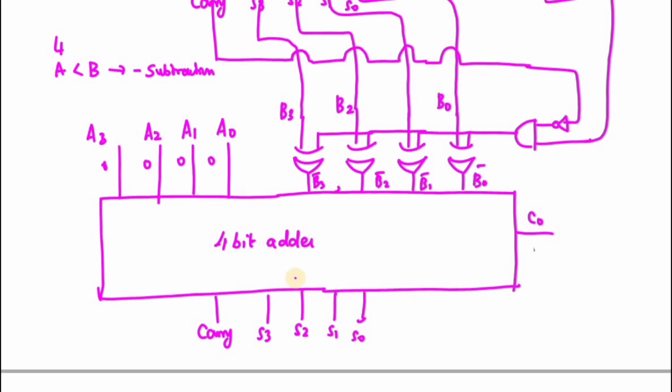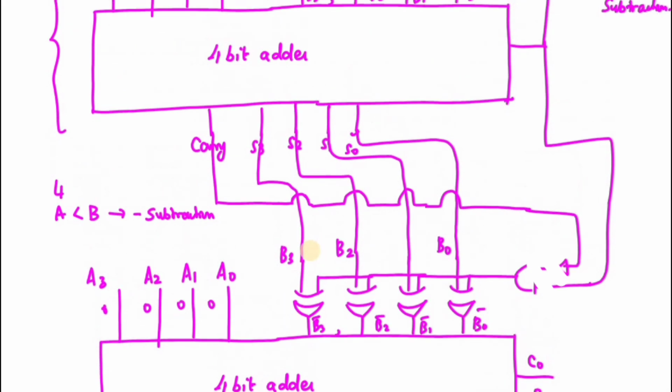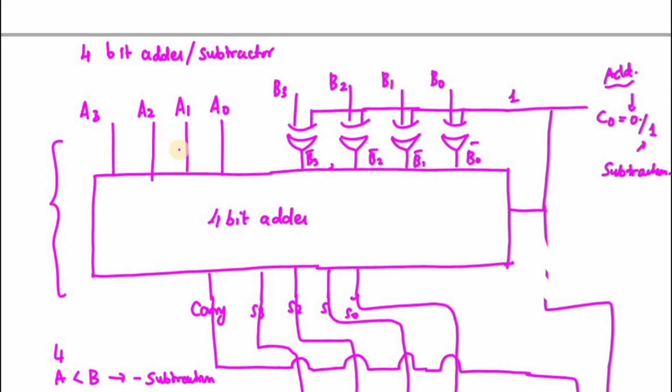Instead of employing this circuit, whenever it is 4 minus 8, you will get some answer, in terms of 0 1 1 0 0. So this value you have to give to B3, B2, B1, and B0.